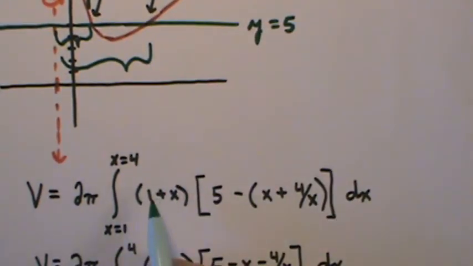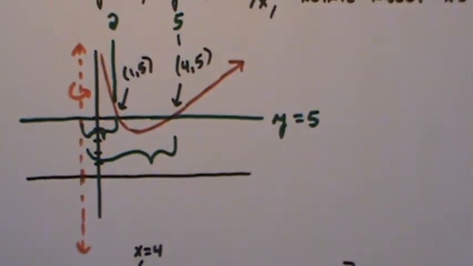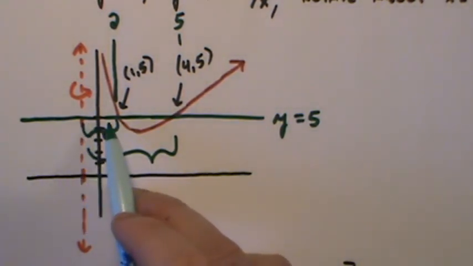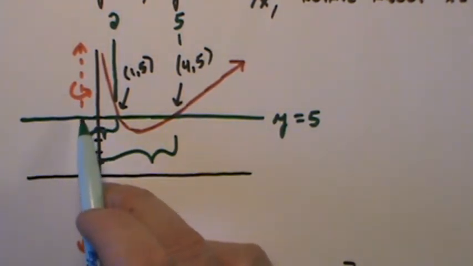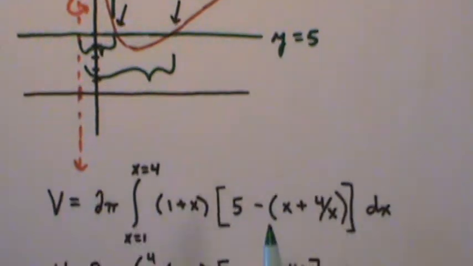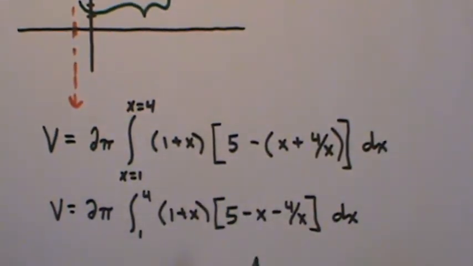Check and make sure that your radii are starting and ending where they are supposed to. I had to start at a length of 2 because here's my axis of revolution. It goes all the way to this, and then I had to end at an axis of revolution being 5. So that's why I said 1 plus x. I think if you check that on these problems, hopefully it starts to click as to why I set up those radii differently for the various problems.